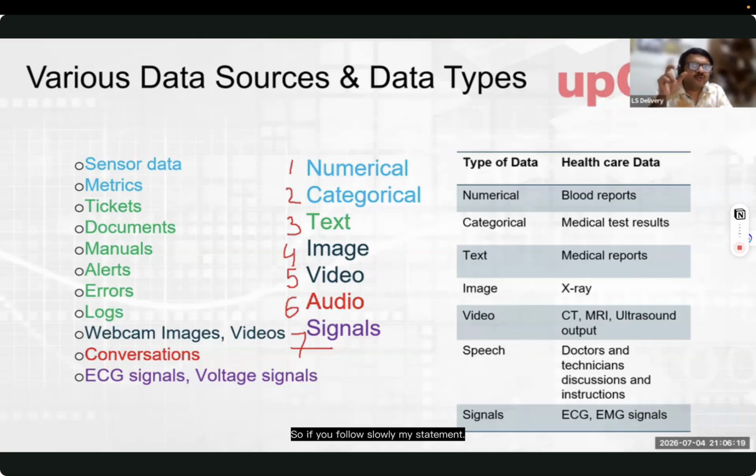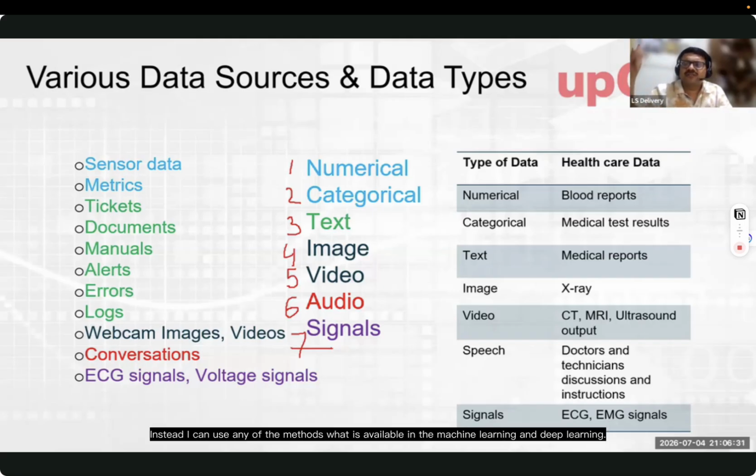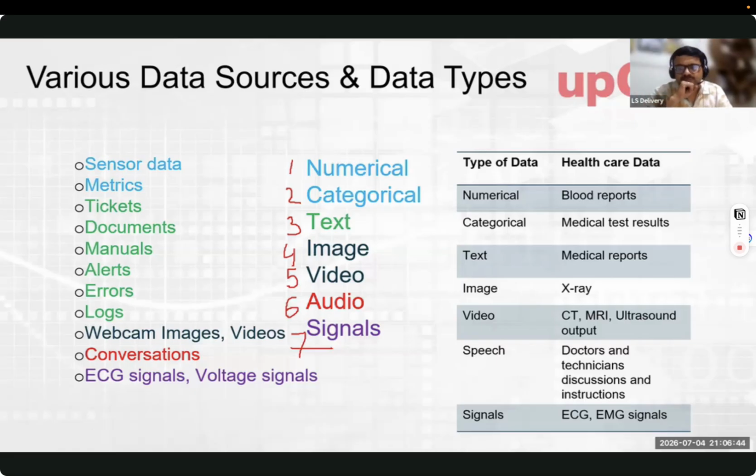So if you follow my statement in option 2, I'm not saying I am aware of a specific machine learning or deep learning algorithm like in option 1. Instead, I can use any of the methods available in machine learning and deep learning. But my responsibility as a data scientist, data engineer or domain person is to convert these into a vector form. That's what my option 2 was.